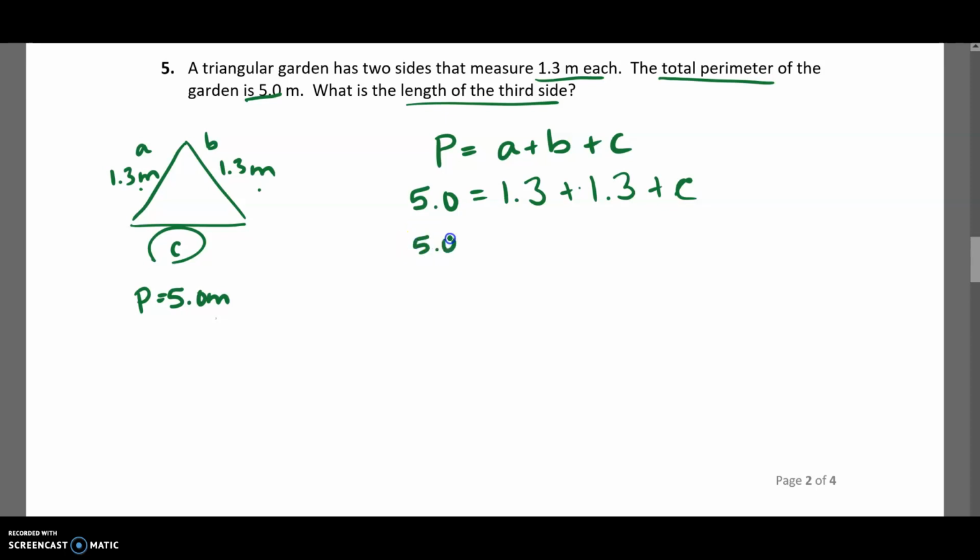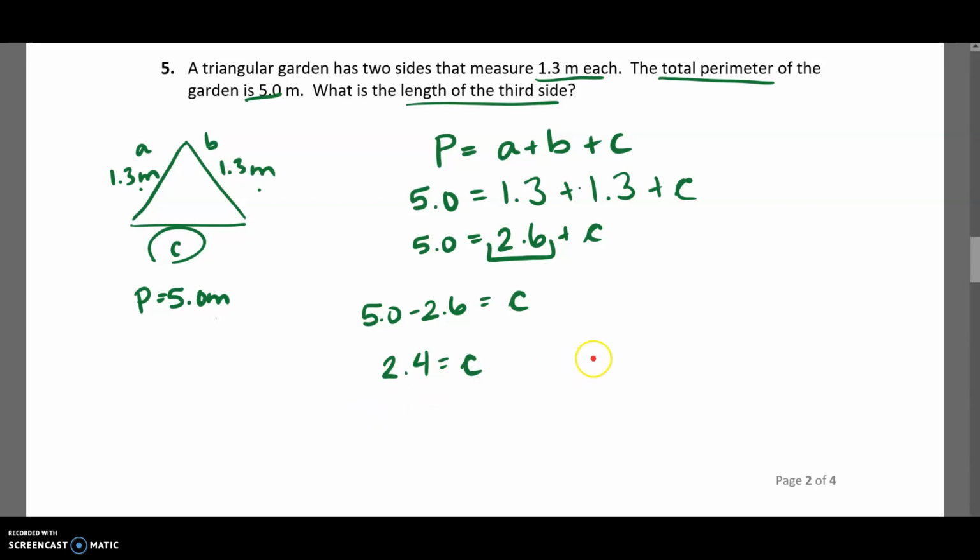You can add them together first if you like. 1.3 plus 1.3 is 2.6 plus C. To move this term to the other side, we do the opposite operation. So since it's being added on the right side of the equation, when we move it over, we subtract 2.6. When you do the subtraction, 5 minus 2.6, we get 2.4 for C.